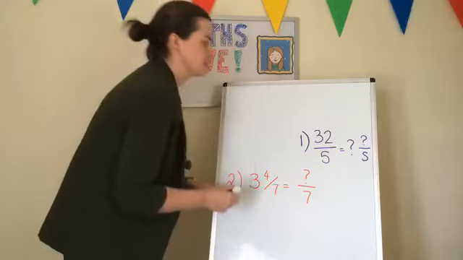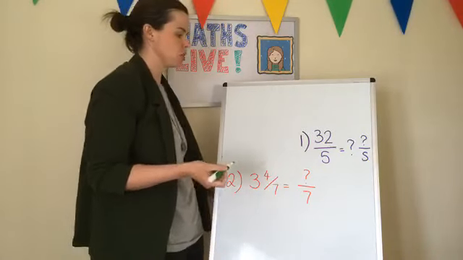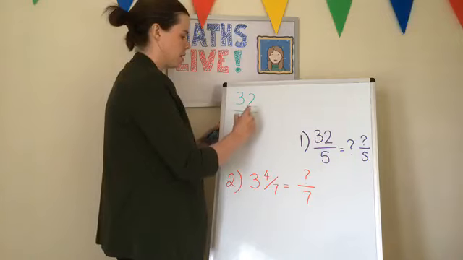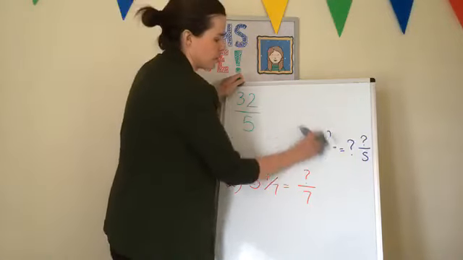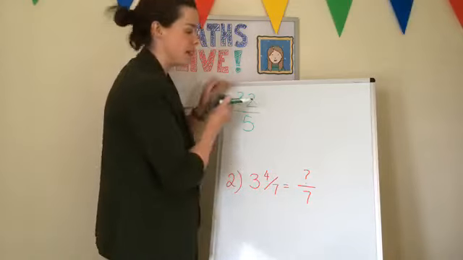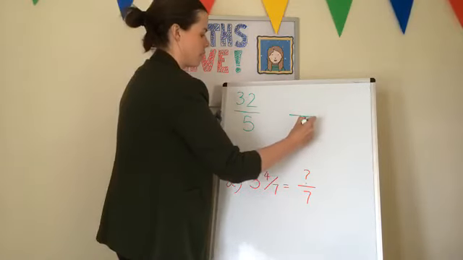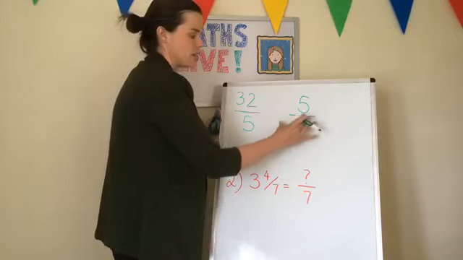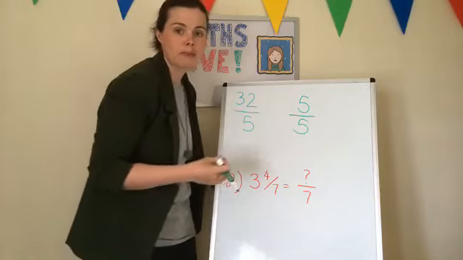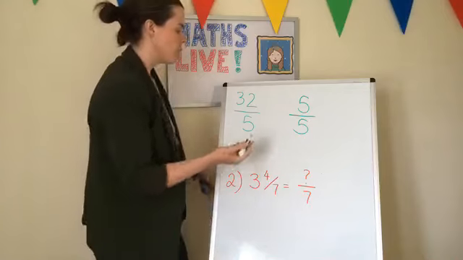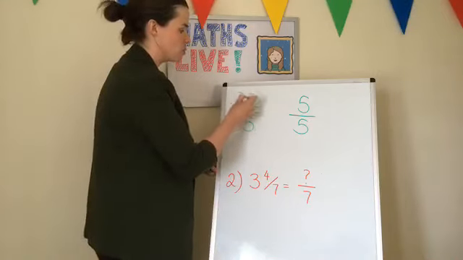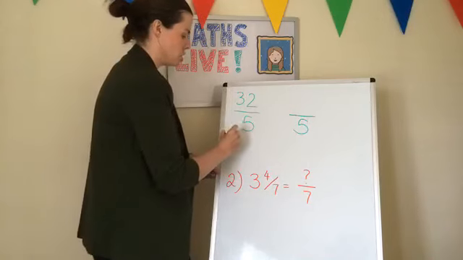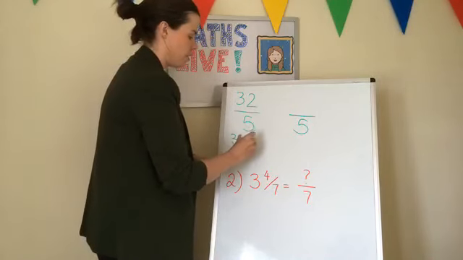So when we're converting from an improper fraction into a mixed number fraction, the denominator has to stay the same, so you know it's going to be over 5. And remember, when the top number and the bottom number are the same in the fraction, it means it's one whole. So we're looking for how many groups of 5 are in 32, so you do 32 divided by 5.